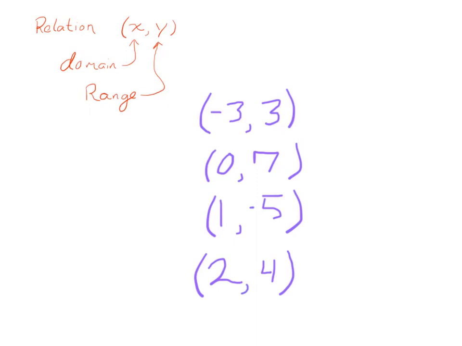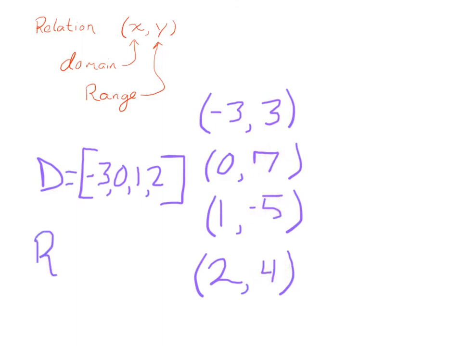The domain would be equal to -3, 0, 1, and 2. So we just write it just like that. While the range is going to be the 3, 7, -5, and 4.